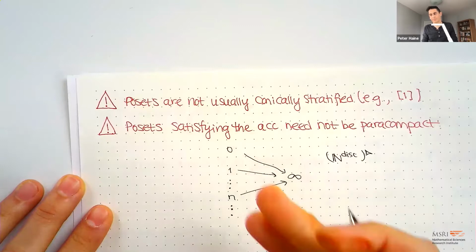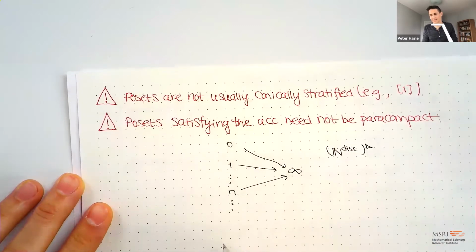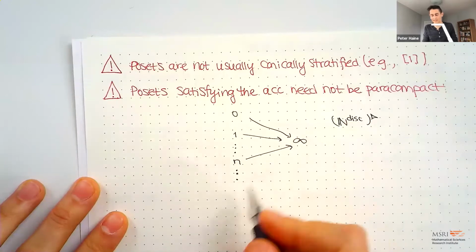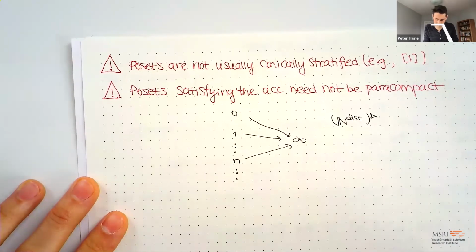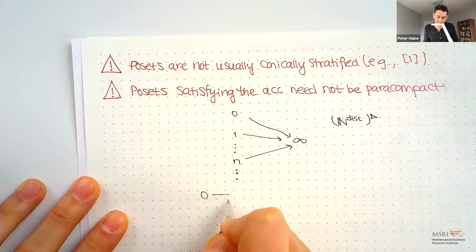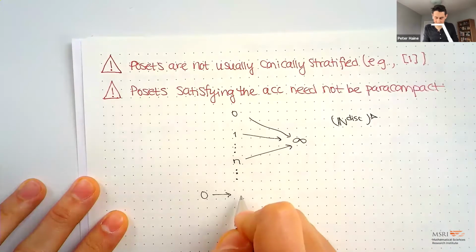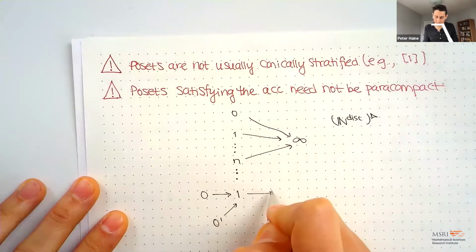But you can actually come up with other examples where every point has finitely many elements less than it, but it's still not paracompact. One example of that doesn't satisfy the ascending chain condition. It's just a different example, if you have a poset that looks like this. My arrows go in the less than direction.